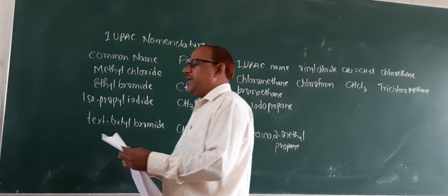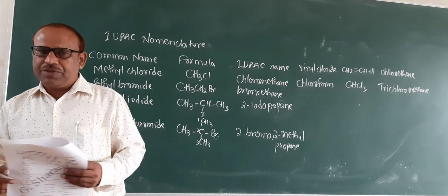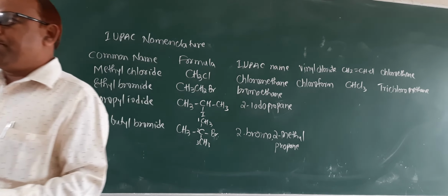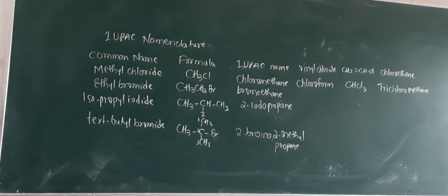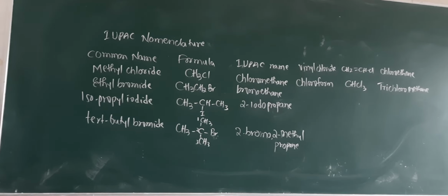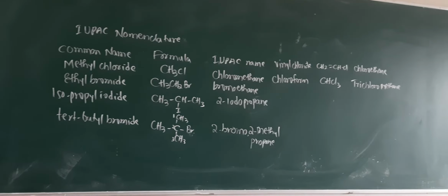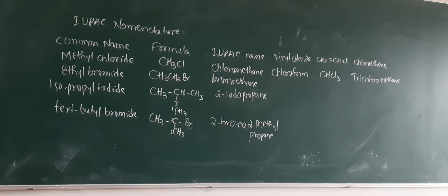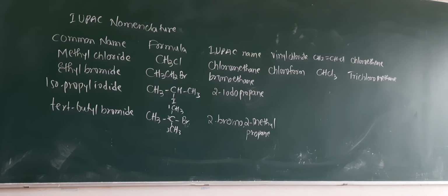Okay, then we'll bother about the different methods for preparation of the haloalkanes. After learning this, let us go for different methods for preparation of the haloalkanes. Any other example you can consider?